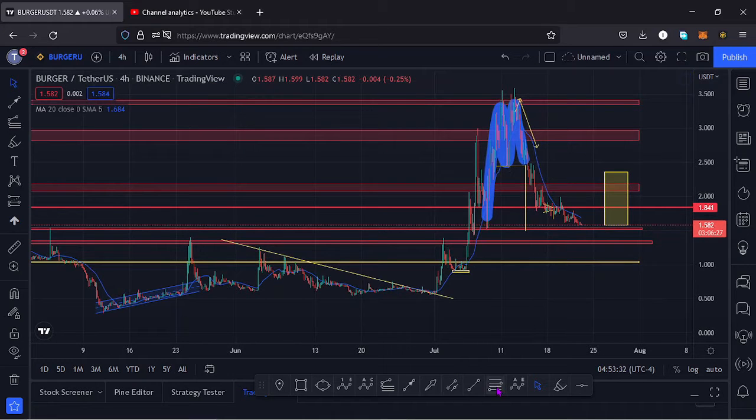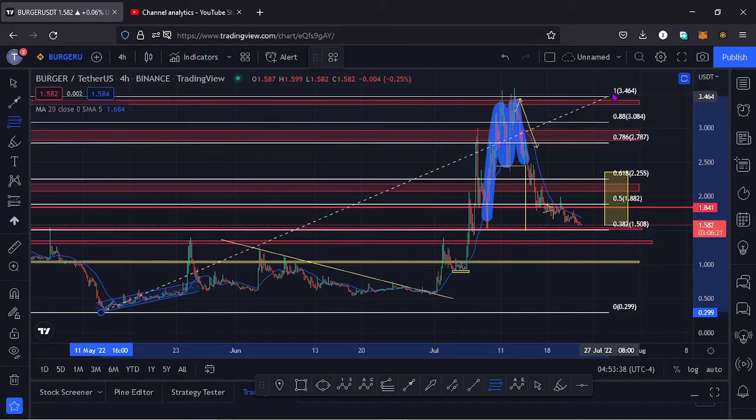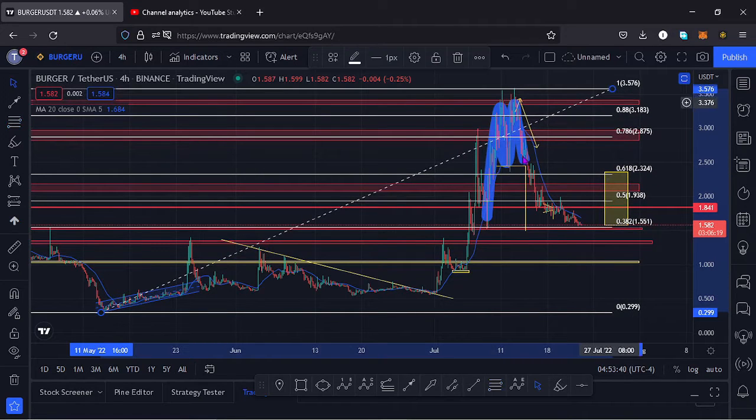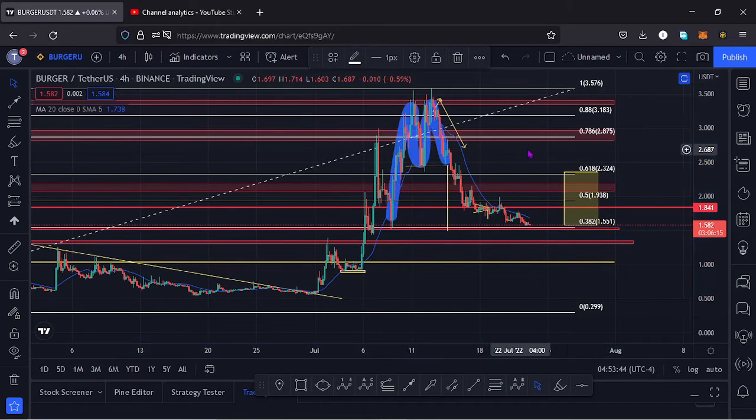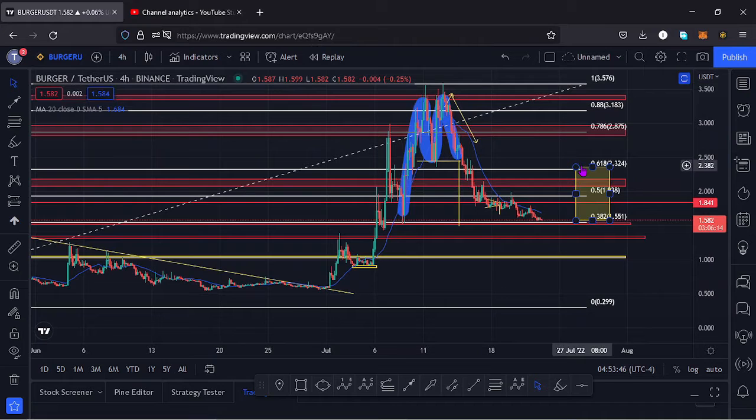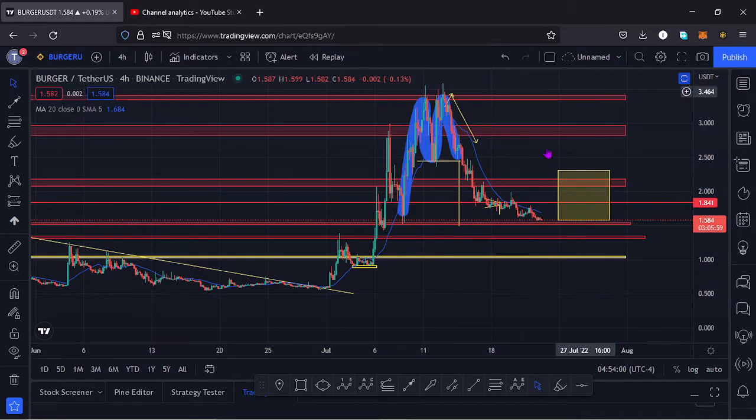If I zoom out on this chart so that we can see it from a wider view, and then apply the fibs from this low down here to this high, that gives me a retracement for this wave that is in formation at the moment. That is between the fib level 0.618 and the fib level 0.5, and the price of Burger has been respecting that because you can see we are trading within this yellow target, which is the minimum that we expect that wave to retrace to.